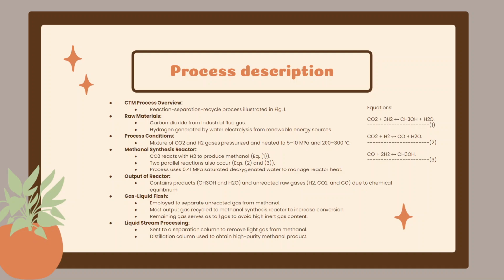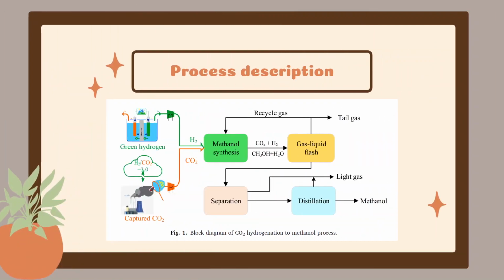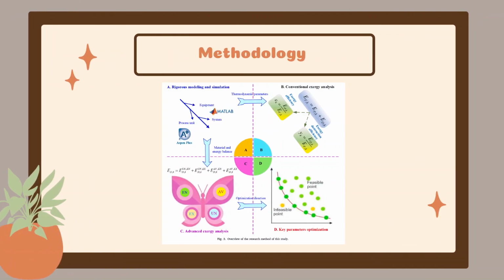The liquid stream undergoes separation and distillation for producing high purity methanol. Here we can see a block diagram of the CO2 hydrogenation to methanol process. Here is an overall overview of the reaction method of our study.